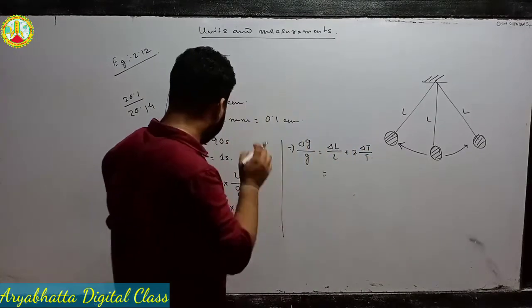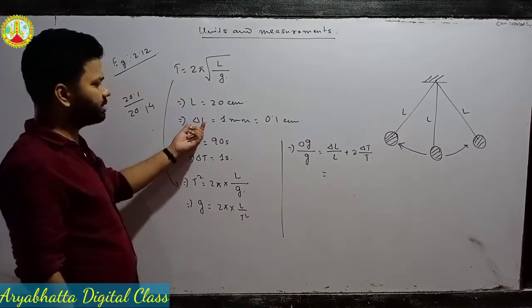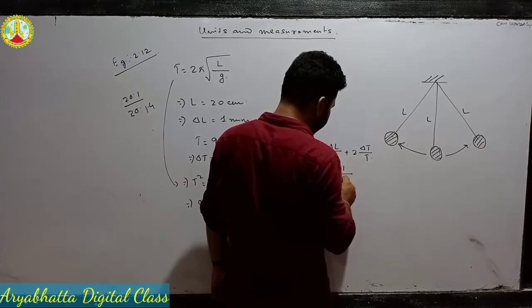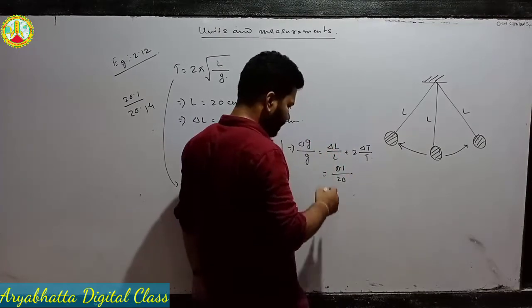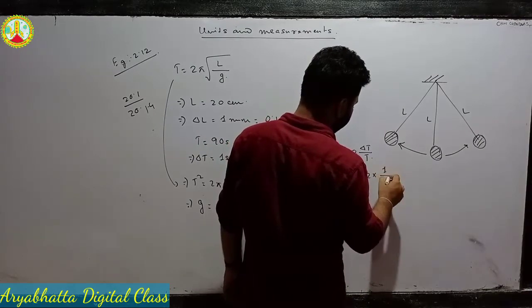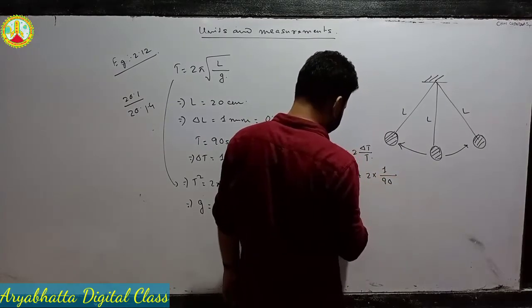So what is delta L? Delta L is 0.1 centimeter. This is 0.1, this is 20, so centimeter will be cancelled out, plus 2 times the error, 1 second divided by 90.